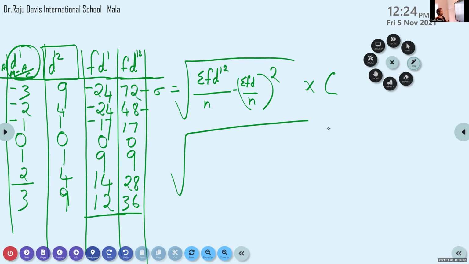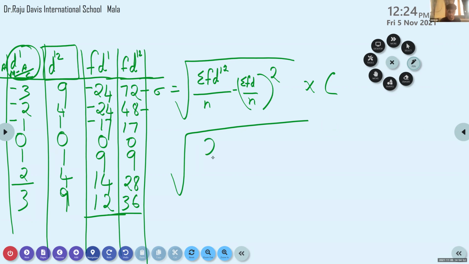Anybody got sigma FD dash square? Anyone? Sigma FD dash square. 210.